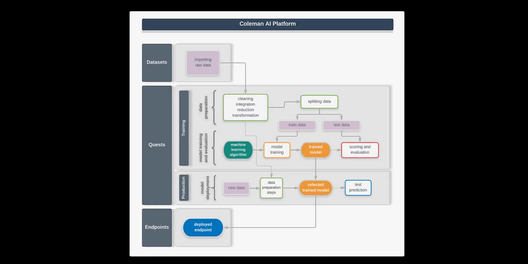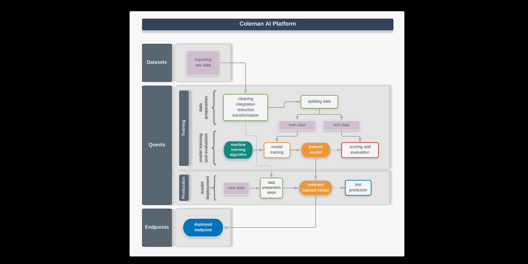To summarize, the first step is to import the data in the Dataset section. Second, in the training quest, you apply transformations to the data to prepare it for the training. Then split the data into training and testing subsets. Select the desired algorithm and train, score, and evaluate one or multiple models.